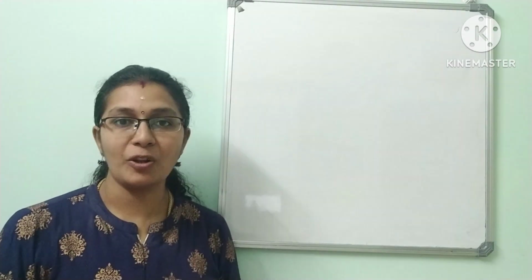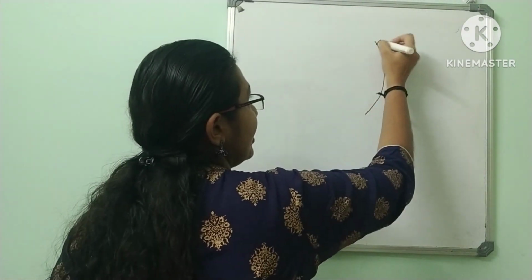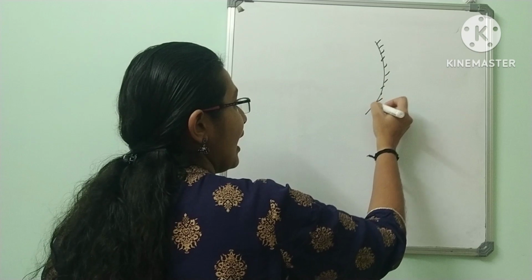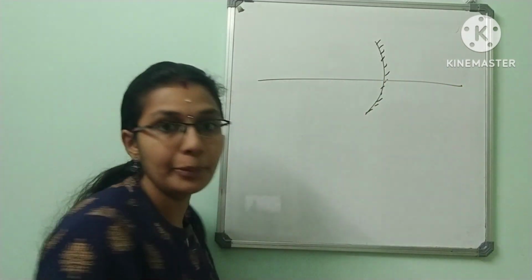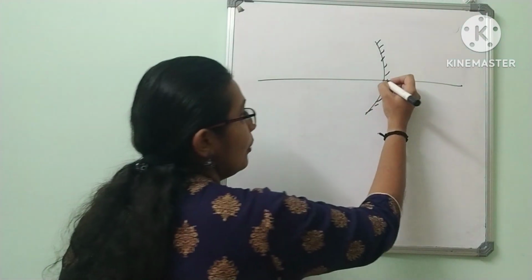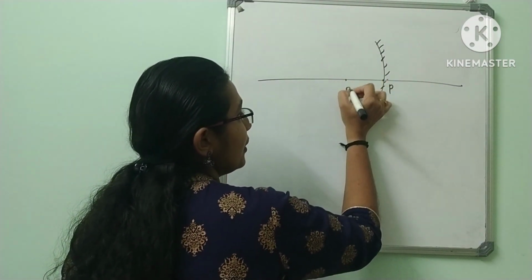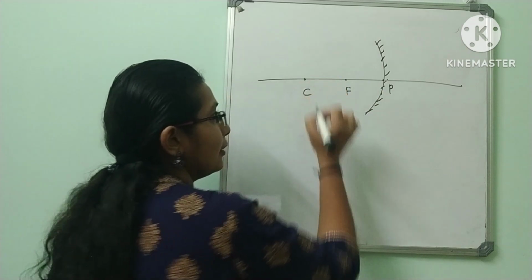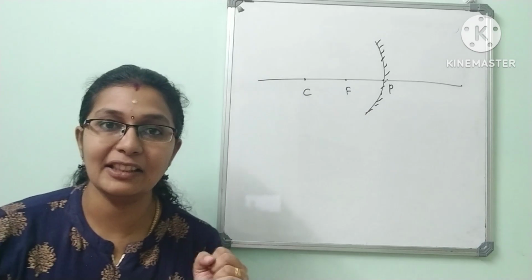So let's start drawing a concave mirror. How will you draw a concave mirror? Like this, right? Then as usual, how will you draw the important points? First you will draw the pole, right? Then this is the focus. Then this is the center of curvature, right? Where will you place the object?